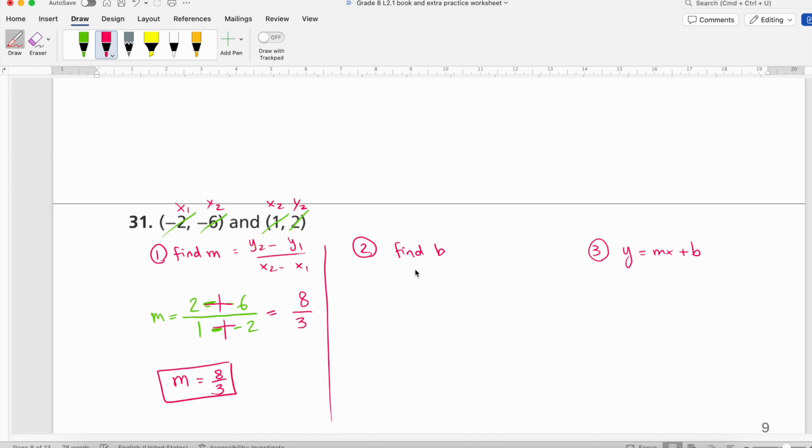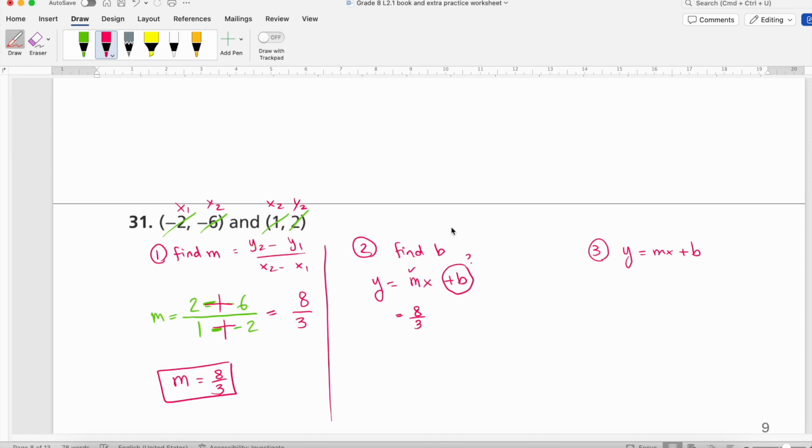Now to find b, none of them is a y-intercept point, so just use the original way. What was the original way? You have to use y equals mx plus b, and b I don't know, but I know m, it's 8 over 3, and x and y can be any of these points.